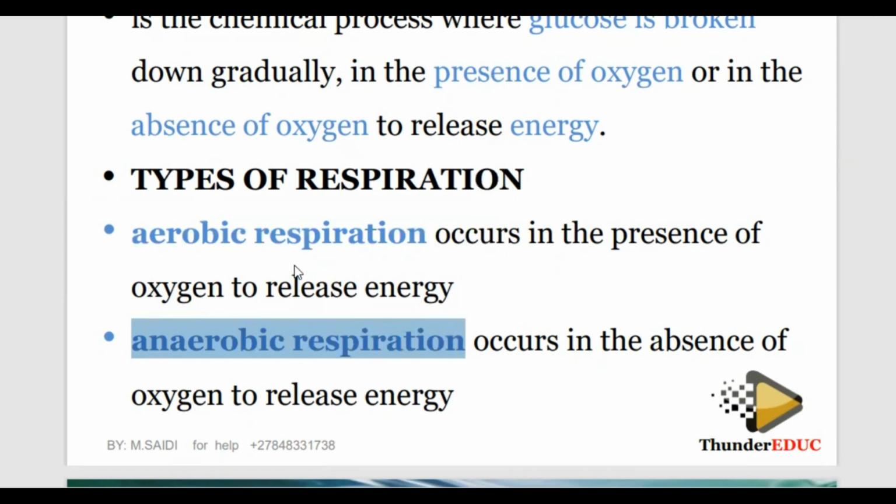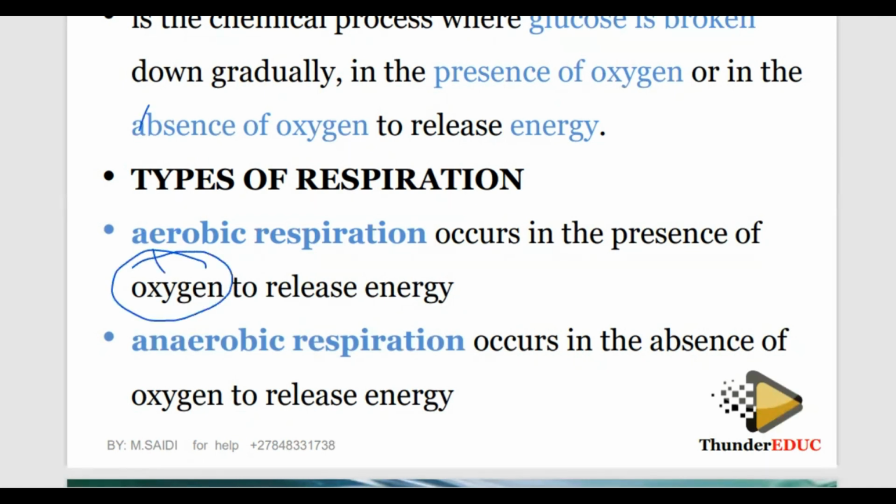The major difference between the two is that aerobic respiration occurs inside the cell, but it must have oxygen. Oxygen must be present. So the key point here is that it must be in the presence of oxygen.